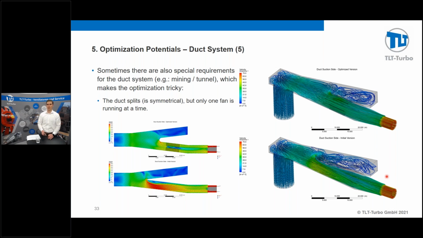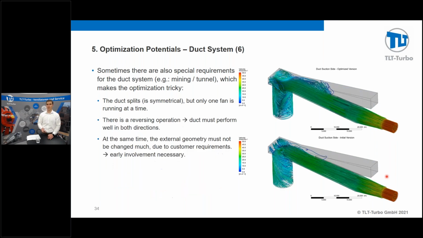And to make it even worse, it needs to operate also quite efficient in the other operating conditions, so meaning for reverse condition. So the fan basically is also able to convey a volume flow rate in the other direction in some special cases, and therefore, of course, the duct system needs to be optimized as well.